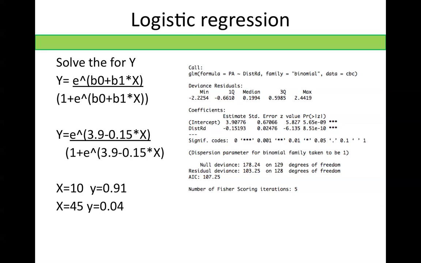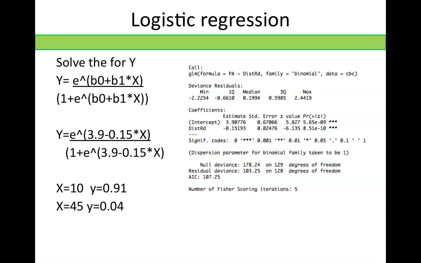So we also performed logistic regression in this class using the generalized linear model function, and gave it the formula presence-absence, where we have data that's either 1 or 0, and we're predicting its response to distance from road again. Now we've specified the distribution to use as the binomial or Bernoulli distribution.